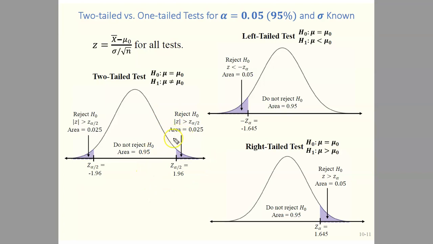And as you take the significance level smaller, what's going to happen is these critical values right here will move to the right and to the left. And so it will become more unlikely that your test statistic falls in the rejection region then. So as your significance level is taken smaller, your critical values move to the right and to the left, and it will become more unlikely that you reject the null hypothesis.